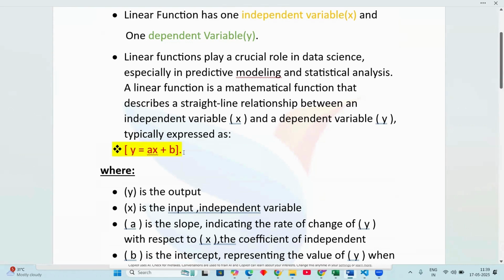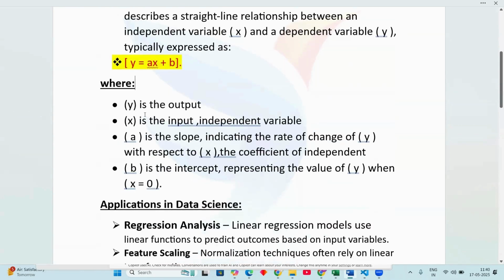It is expressed like a graph pattern that moves forward from x to y, a straight line. We use the formula y = ax + b.